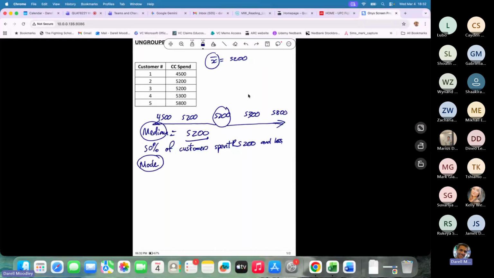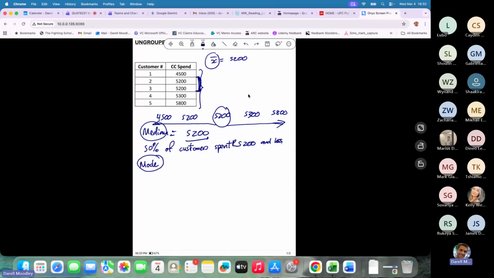What you need to do is rank your data from lowest to highest. And why you need to do that is because you need to see which number occurs the most number of times. Now, because I ranked the data for you, lowest to highest, you can see that the number 5,200 occurs twice. Everything else occurs once, but 5,200 occurs twice.